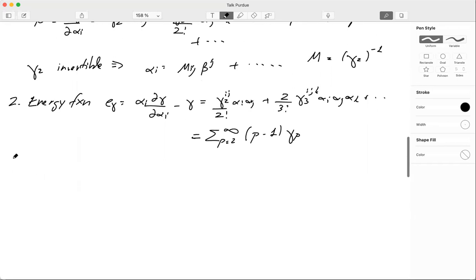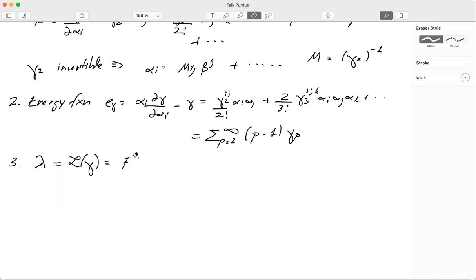And in step 3, now we invert, right? So we calculate the Legendre transform. By that, we say let's say we're going to obtain some lambda. So this is going to be my Legendre transform of gamma. And by definition, it was my F gamma inverse of E gamma.